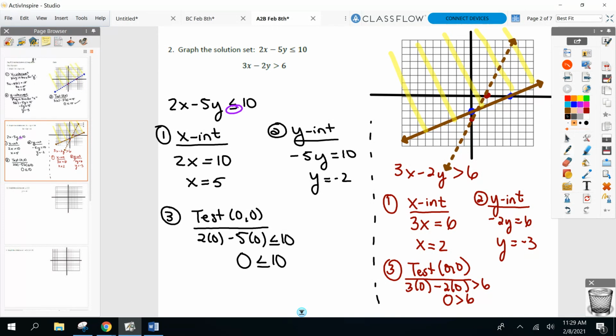No. So shade above. Or below, sorry. Because if 0 is not greater than 6, that means 0, 0 doesn't work as an answer. So I want to make sure my shading is away from 0, 0, everyone. So in this case, my dashed line, I'm going to shade to the right, below, whatever you want to call it. It's all right. You're good.